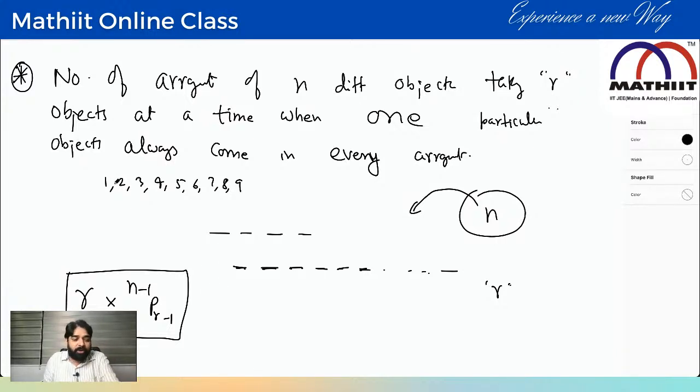So I will tell Mr. 1, please go and take your chair. So 1 can be placed in how many ways? 4 ways, and it means multiplication. Balance 3 places, which 3 places? I don't know, and I don't care. And how many objects remain? Total 8 objects, so we'll say 8P3. I hope it's clear to everybody.